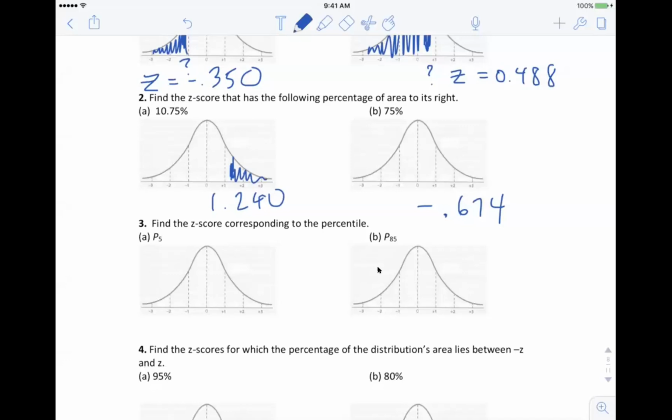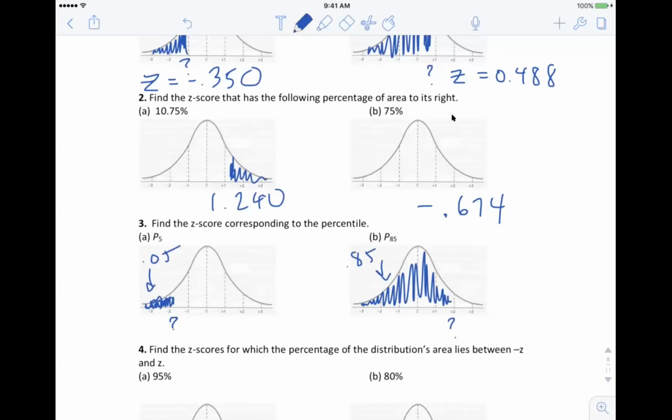So P5 is an area, and it's to the left, and it's pretty small, 5%. So I'm looking for that value. P85, better. You have 85% of the area to the left. I'm just guesstimating on how far to shade. It's not really all that accurate, but just to get the concept down. To find those values, P5 is an area of 0.05 and P85 is an area of 0.85. Then I'm able to use StatCrunch to solve it.